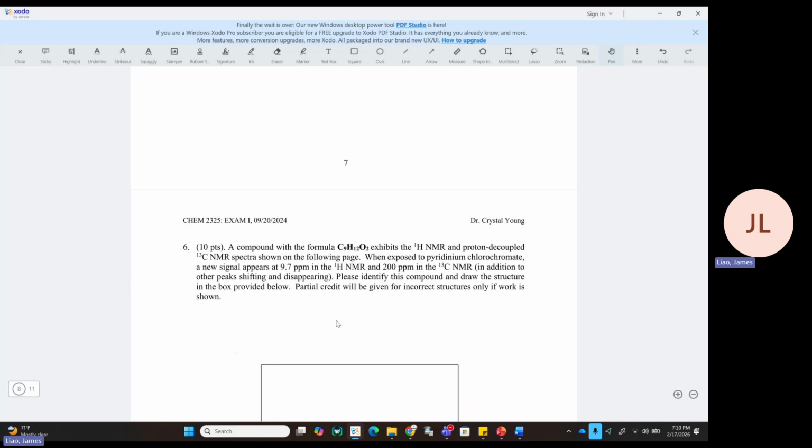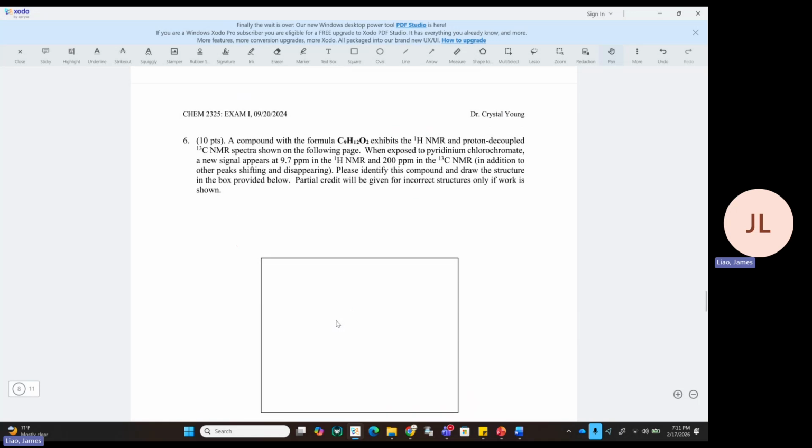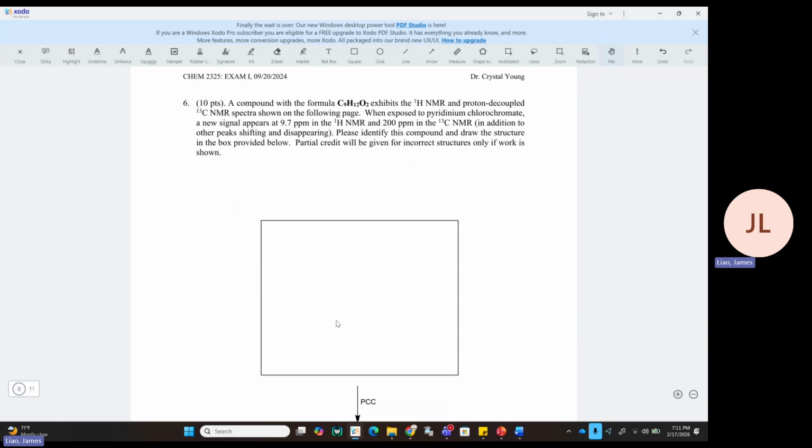And finally, we are down to our second to last problem. This is the spectroscopy problem. So everyone loves spectroscopy, I'm pretty sure, I hope. We have a compound of C9H12O2. We have a proton decoupled spectrum on the following page. And we also have something happening with PCC, or pyridinium chlorochromate.